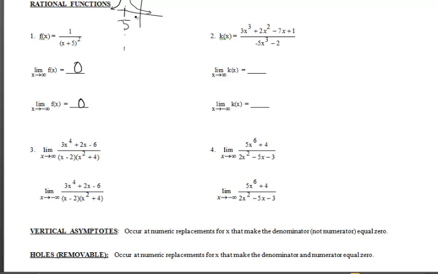Some other strategies to consider: you might want to go numerically, if it's manageable, not so much over here, but definitely better over here. Think of very large numbers to put in for x, like a billion. Add 5, square it. You're going to get a super large number. 1 divided by super large is 0.